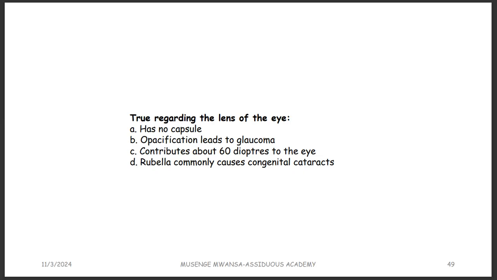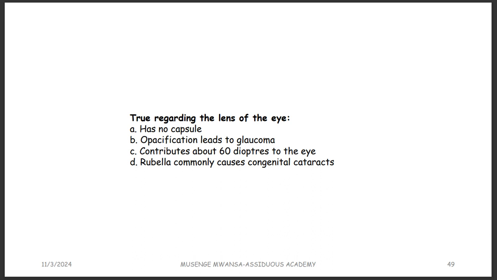So we remove that. And then, opacification leads to glaucoma. How about opacification leading to glaucoma? Anyone that can say anything about that? Okay, thank you so much.